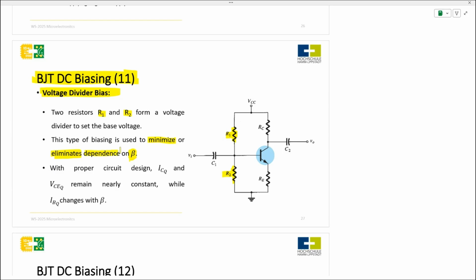With a proper circuit design, ICQ, the operating point of IC, and our VCQ remain nearly constant, while the IBQ changes with beta.